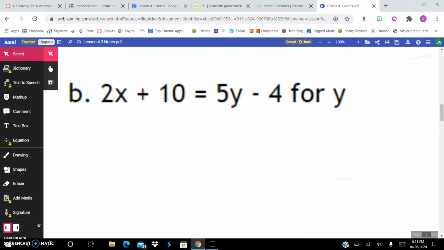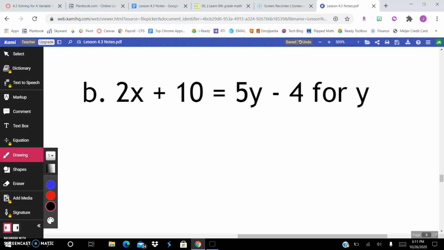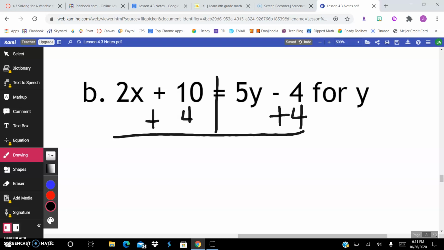And one more here. 2x plus 10 equals 5y minus 4, and we need to solve this for y. So when I look, y is over here on the right-hand side, so I need to get rid of this minus 4, so I'm going to add 4. And I can combine like terms on this one because I have the 10 plus 4.